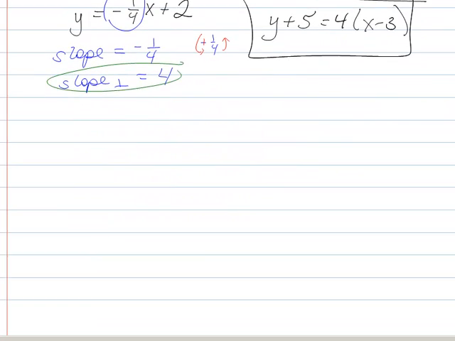Alrighty, let's try another one. This one's kind of fun.